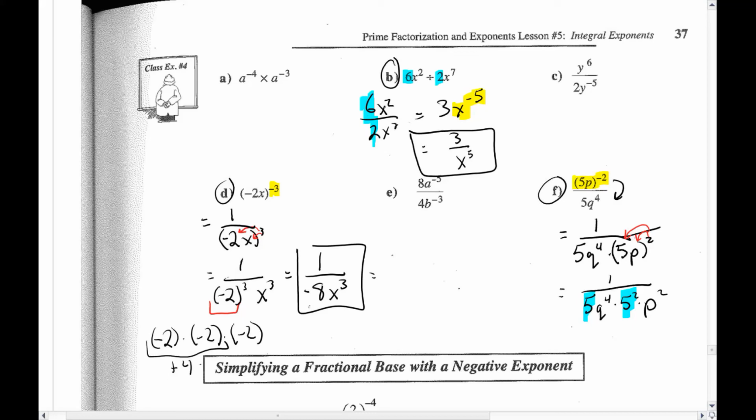So 25 multiplied by 5 is going to be 125. Oh, shoot, it's on the bottom of the fraction. Let's do it right here. 1 over 125. That's 5 multiplied by 5 squared. And then I'm just going to leave my variables because I can't do anything with them. A q and a p are different variables. q to the power of 4, p to the power of 2. And that's my final answer.